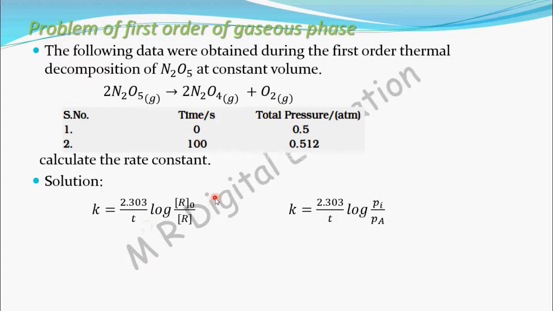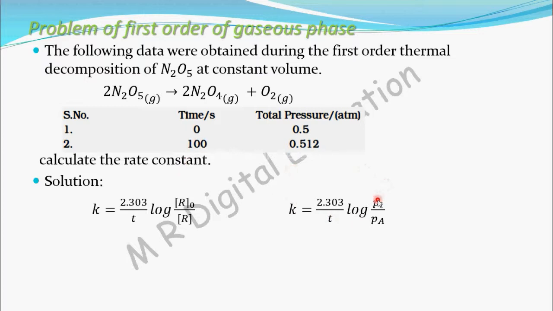Since in this problem the reaction is a gaseous reaction and concentration is measured with respect to pressure, we will express this concentration in terms of pressure, that is Pi by Pa. Pi means initial pressure of the reactant N2O5 and Pa is the pressure of the reactant N2O5 after some time t. To find the value of K in this equation, you know t, that is 100 seconds.